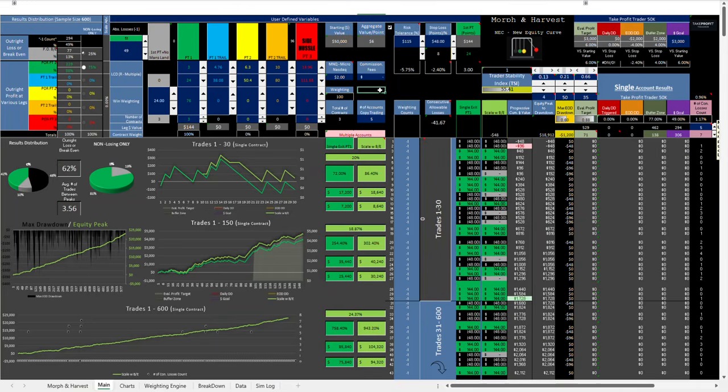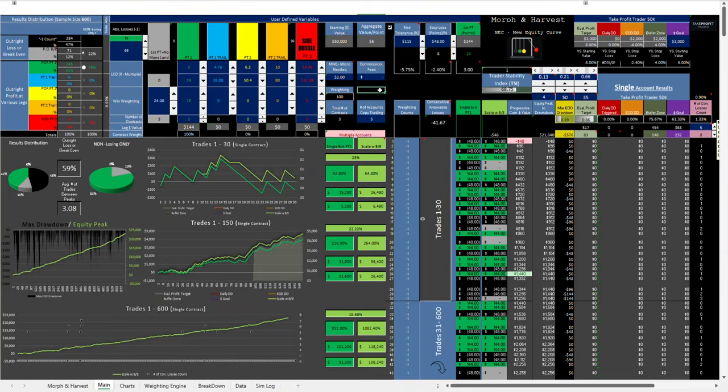So we're going to hit F9, and what this application does is randomize your order of wins and losses. It is effectively stress testing whether you're going to pass or fail, and even beyond passing the evaluation, it's going to evaluate how successful you are going to be as a trader on a go-forward basis.